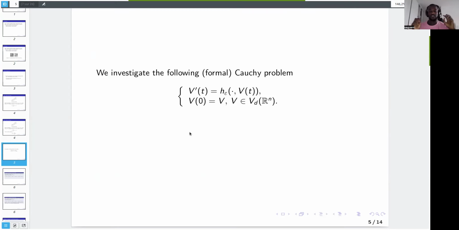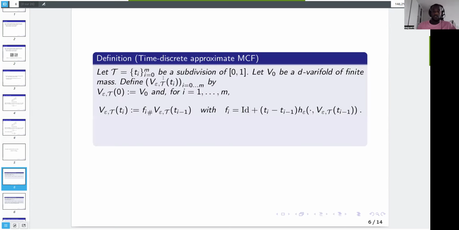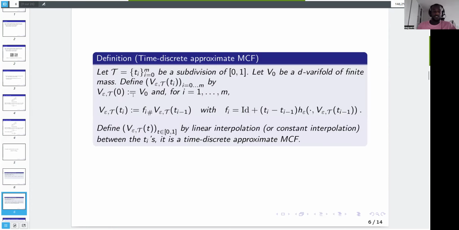Okay, so this is a formal Cauchy problem. The derivative equals h epsilon, and the starting point is any varifold. So we proved that there is a solution, and we constructed this solution. How do we do that? We just take a subdivision of time. You take any varifold, v equals 0.